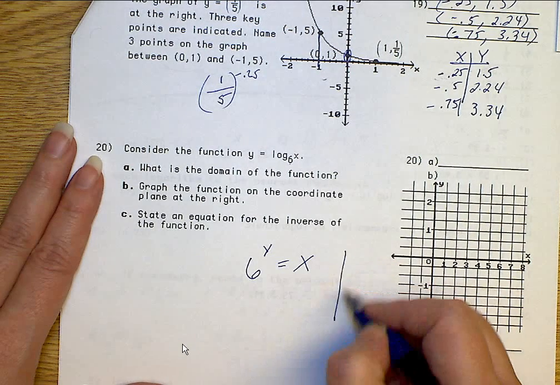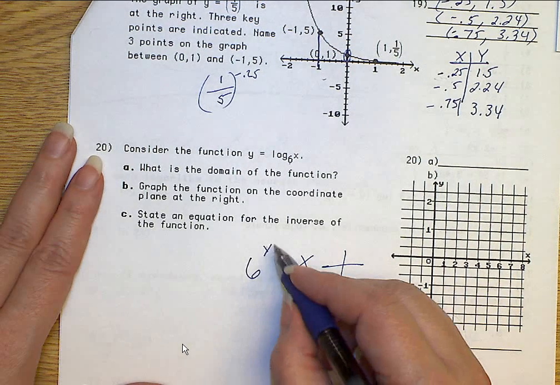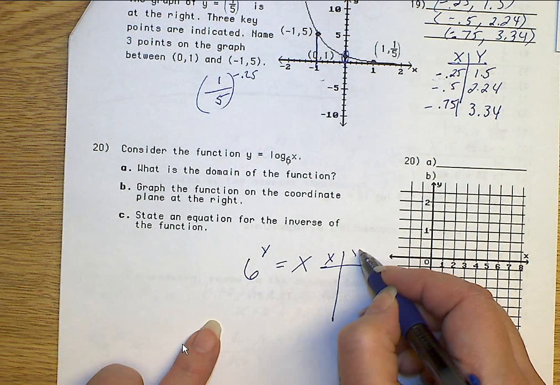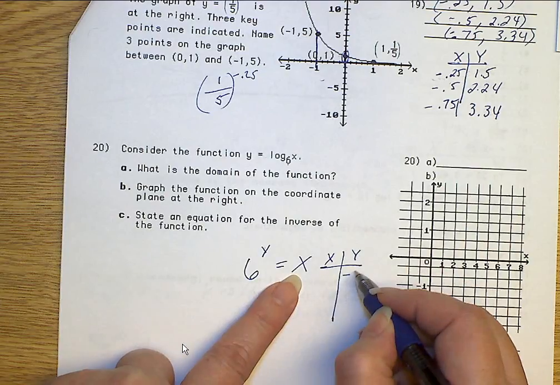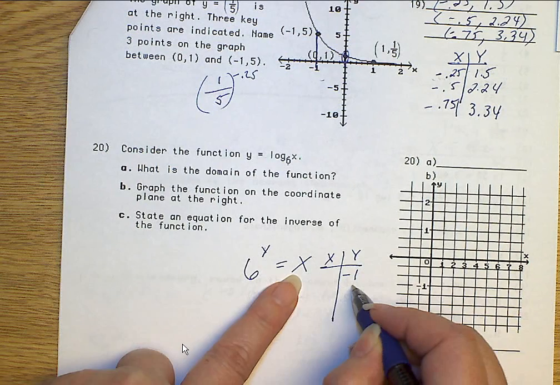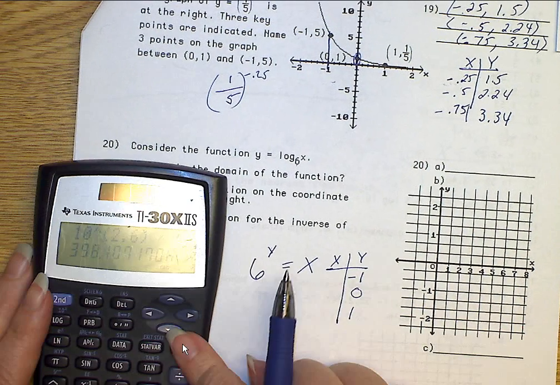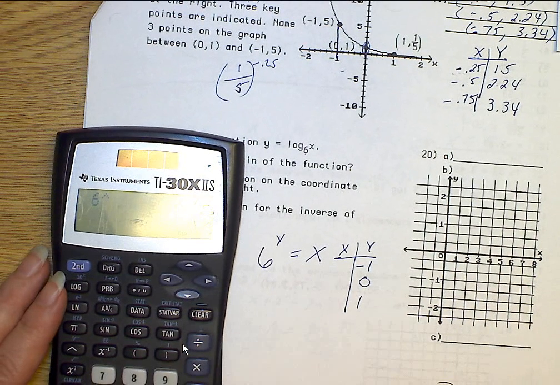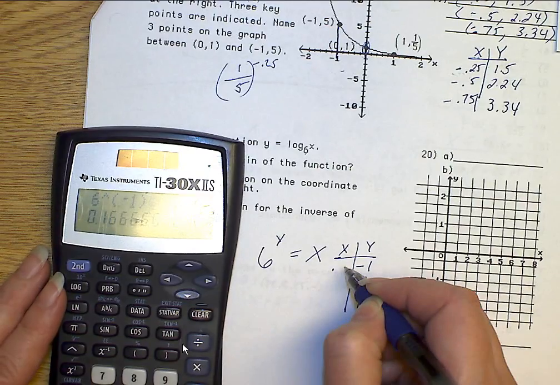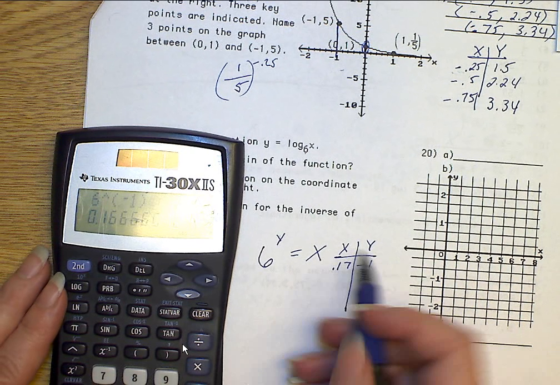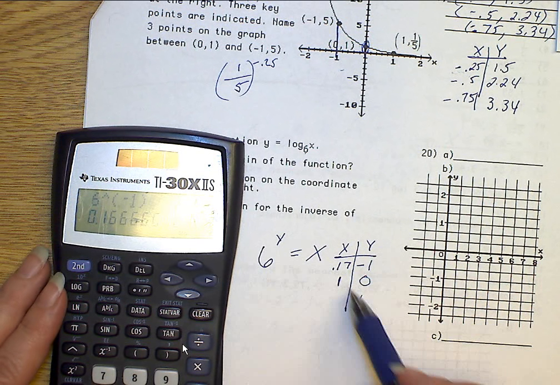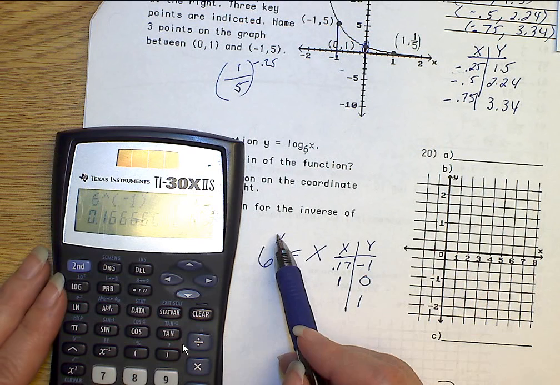I'm going to make that t-chart, and I'm going to put in values for my y. So I'll do x, y, so maybe I'll do -1, 0, and 1. So I have 6 raised to the -1, which is 0.17, and then 6 to the 0, anything raised to the 0 is 1, and then 6 to the 1 is 6.